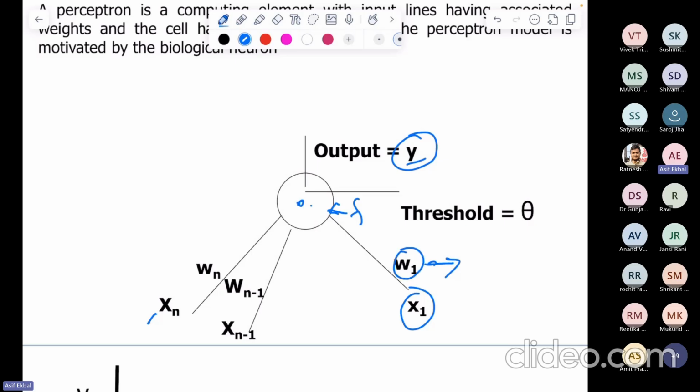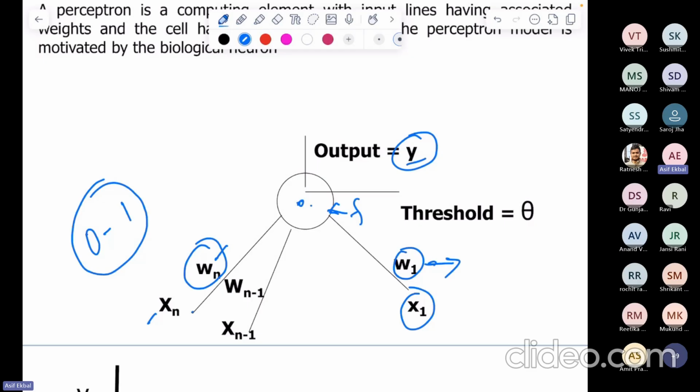If you know that Xn is also very important, then the value of this weight will be higher. So we can set this weight between 0 and 1, and depending upon the importance of the input, you assign this particular weight. The lower the weight, the less the importance. The higher the weight, the higher the importance.